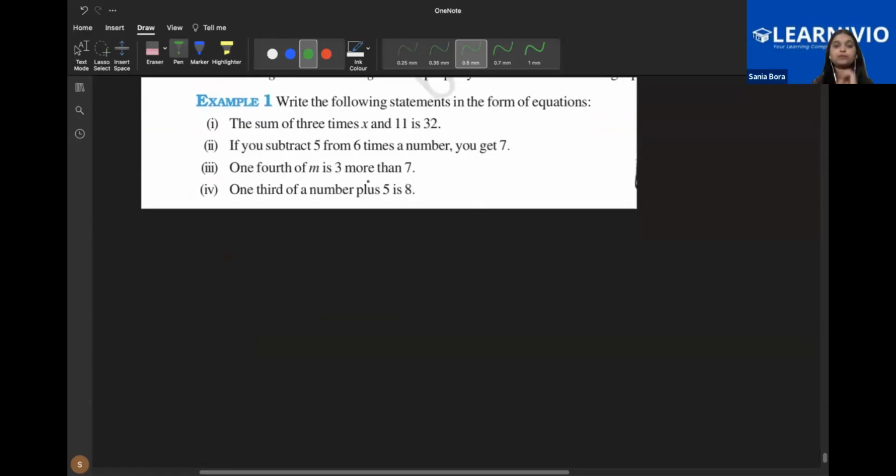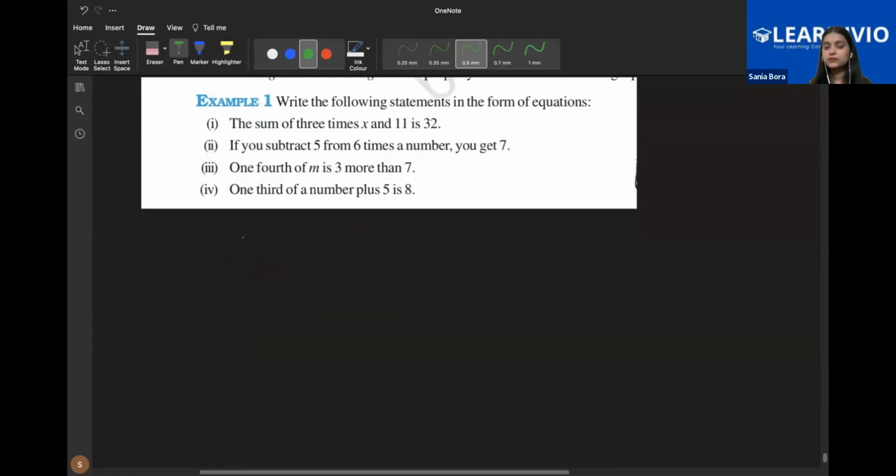Okay. So today we are going to learn to write the following statements in the form of equations. Clear? So this is given to you and you will write the equation. So let's start. The sum of 3 times x and 11 is 32.